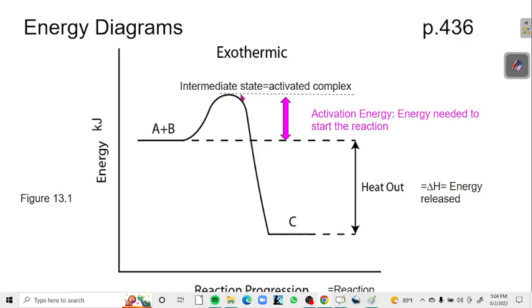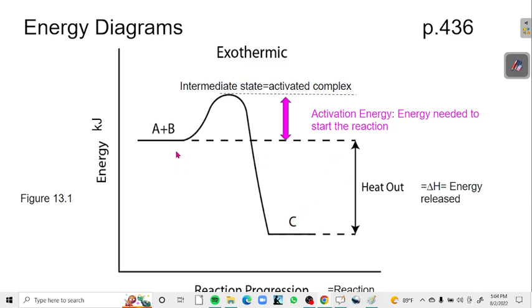Another term you need to be familiar with: the top of this activation energy hill is called the intermediate state or the activated complex. Basically, all the atoms of the reactants have come apart. Remember that to break apart bonds, you need to give energy, the activation energy, and then they rearrange themselves again to create a product.